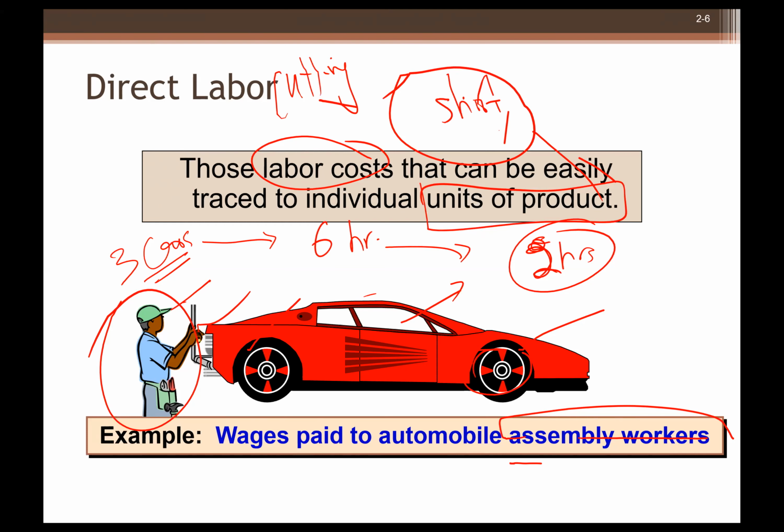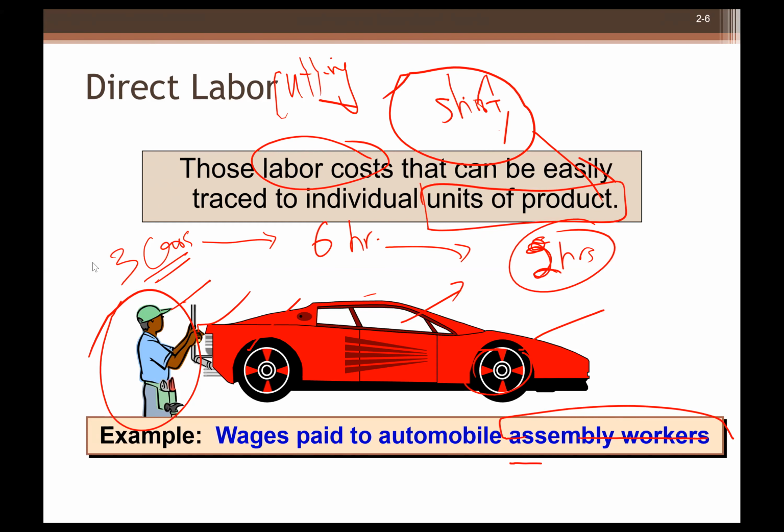Skilled workers who install the roof, all that stuff. These are direct labor. Also the wages of crane operators, those who lift heavy objects, are also called direct labor, right? The truck drivers' wages, those who are carrying out or smoothing out the land to make the house, this kind of stuff. We call this direct labor, which we can easily trace.